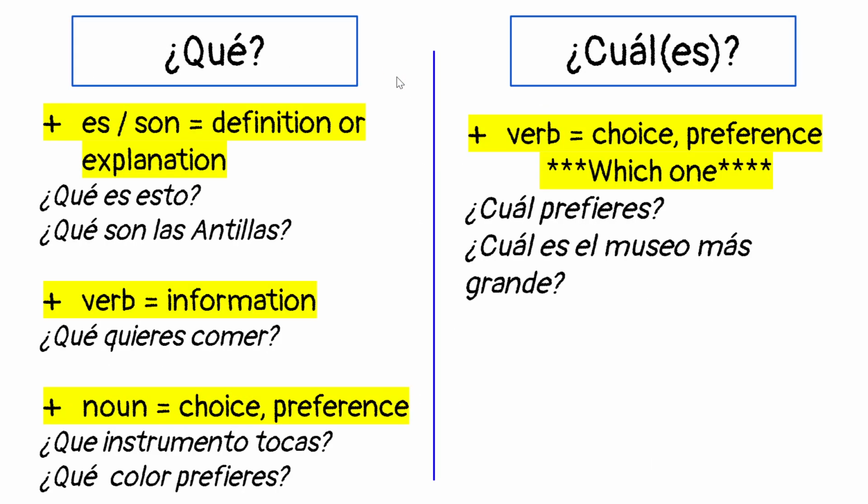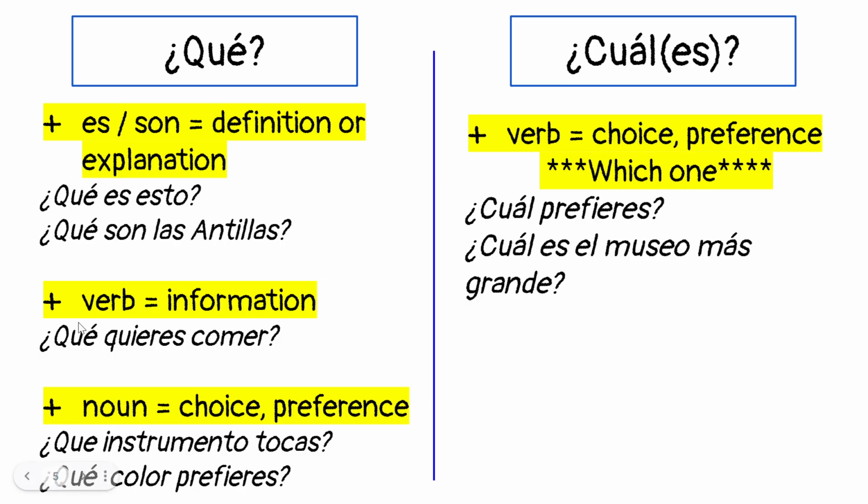¿Qué versus cuál? ¿Qué plus es or son, es is, son is are, is a definition or explanation. ¿Qué es esto? What is this? Or in the plural form, ¿qué son las Antillas? What are the Antillas?